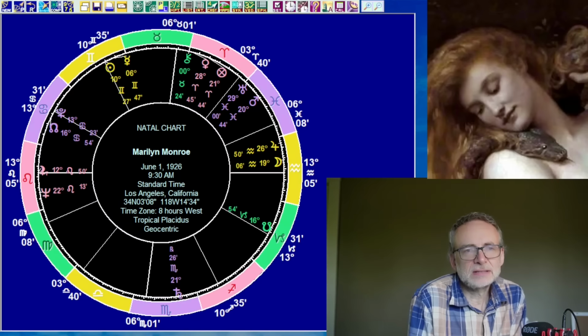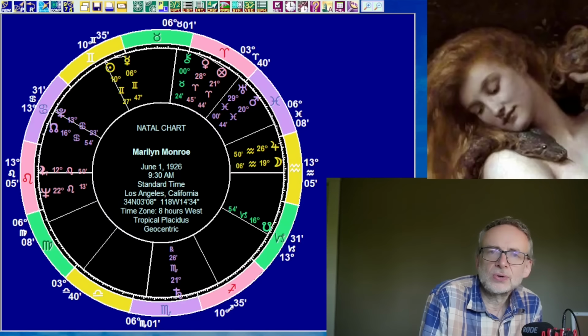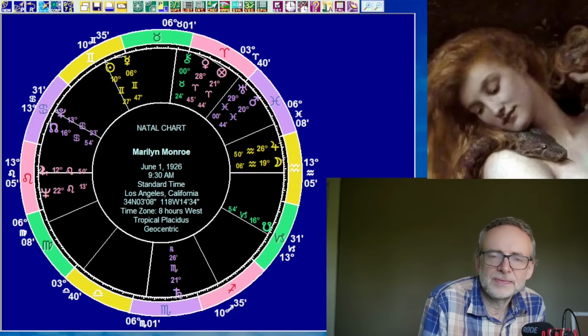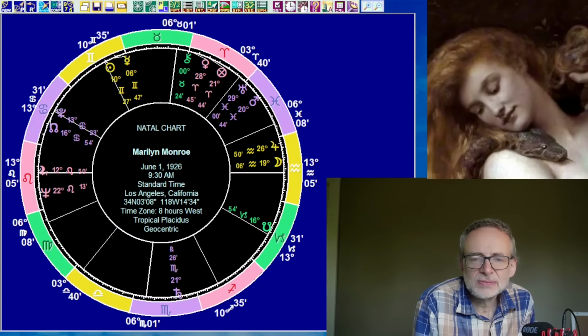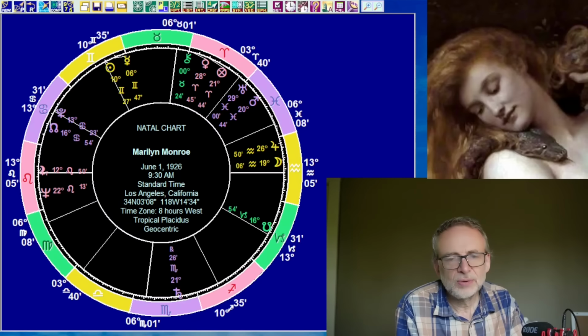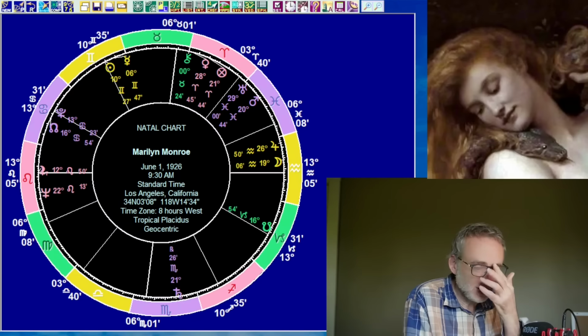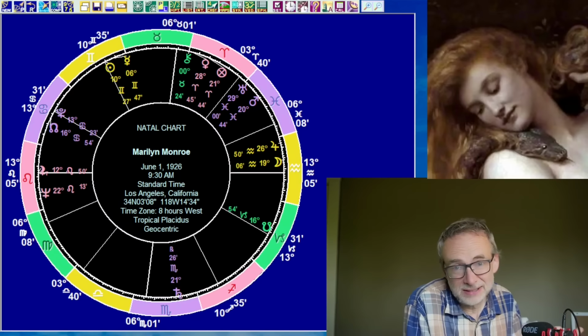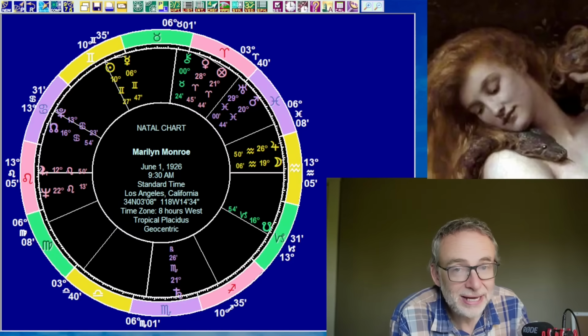Having Lilith on the ascendant, maybe she was always courting death. So perhaps it would not be surprising if Lilith was in some way involved in her death. We don't know precisely when she died, and of course, she died at night. That's what Lilith does, takes people away at night.